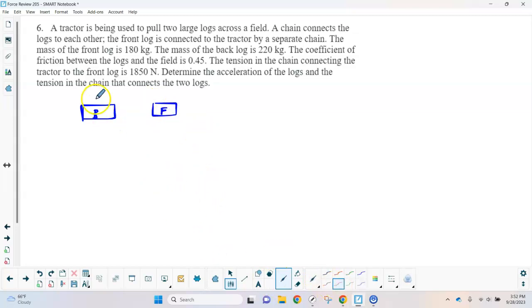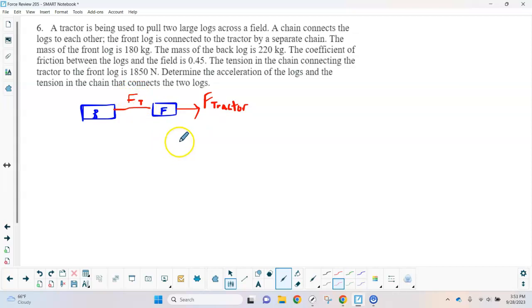They're connected by a chain, and then there's also a chain that pulls, and that's attached to the tractor. So I'm just going to label this force a tractor, because that's what's pulling the whole system. And then between the back and the front logs, we have FT for tension here on this one. So we'll just call that one tension.